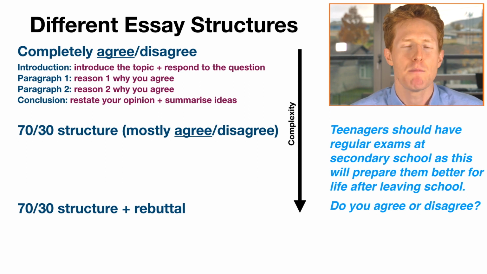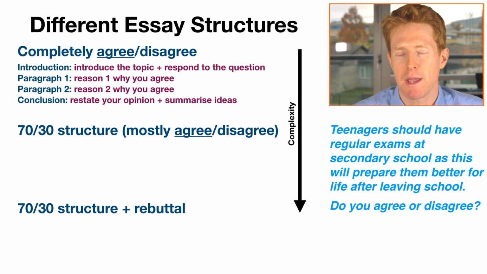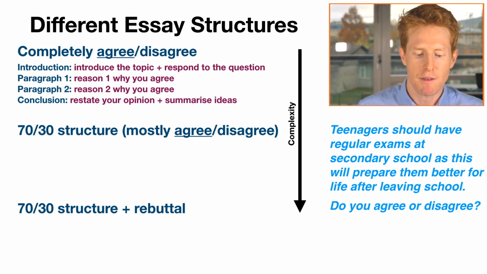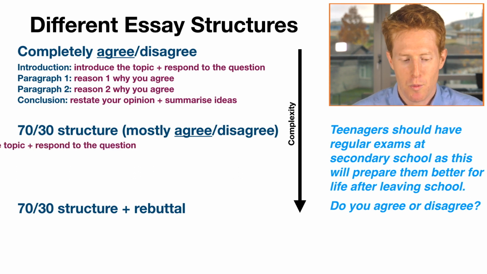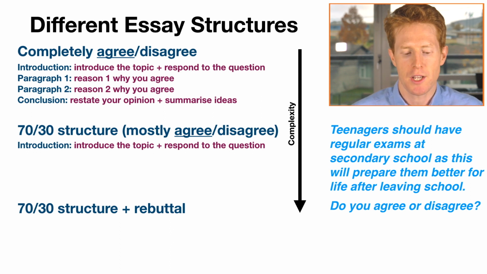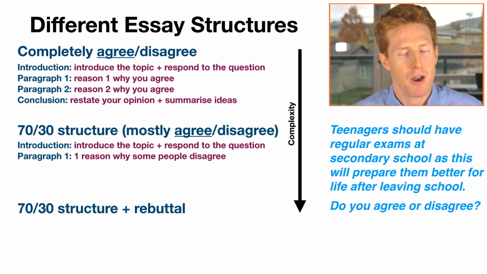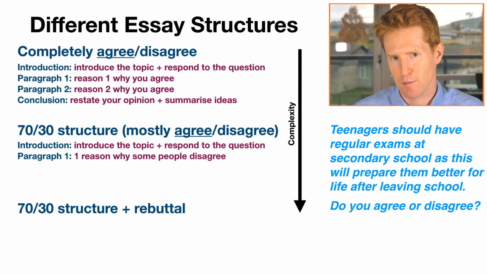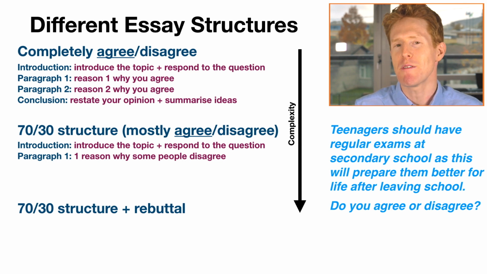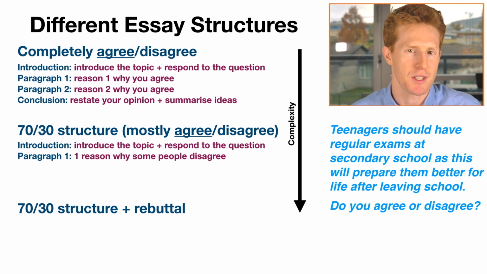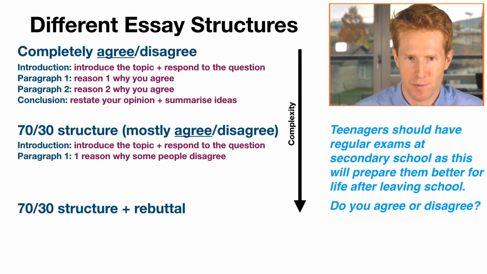However, here's a slightly more complex structure that might impress your examiner, the 70-30 structure. We're going to have our introduction where we introduce the topic and respond to the question. We're going to have paragraph 1 where we outline one reason why some people disagree. Okay, so remember, you 70% agree, but you can identify one reason why people disagree.